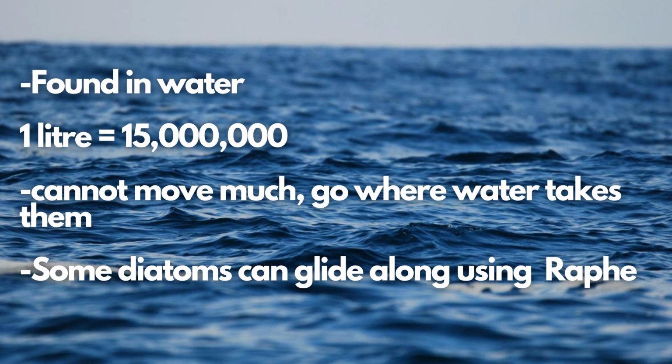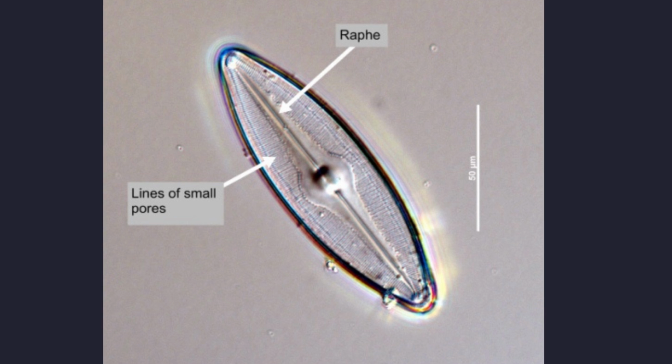So in the next slide, I'm going to be showing you the diatoms that have a slit in the bottom, their belly portion, and that helps them glide along like a snail. Okay, so this is another example of a raphe, which is basically a line, a cut underneath the diatom, and it has small little pores that help it move around like a slug.